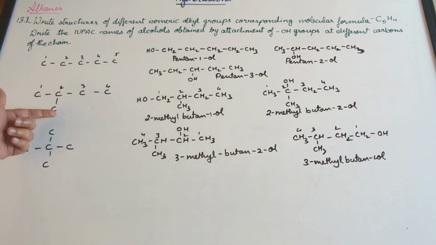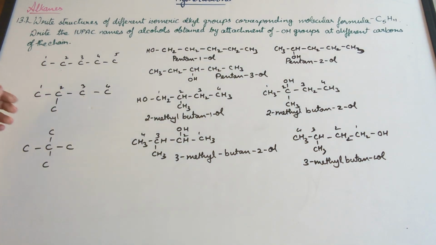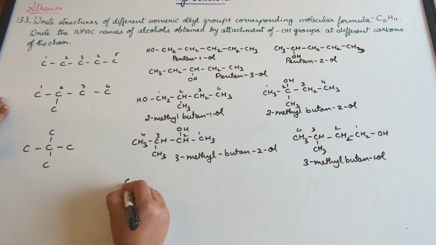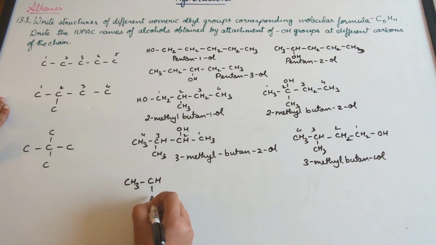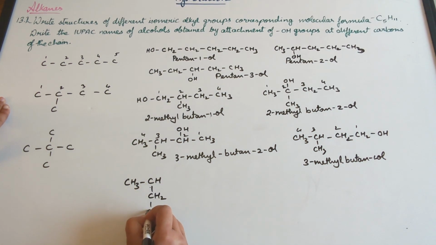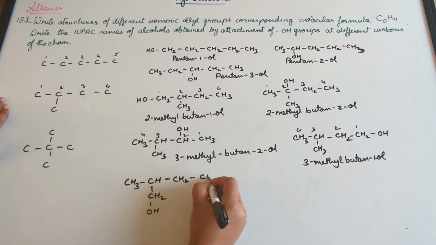And we're not talking about the OH group getting attached over here, because if it did, let me just show that as well. Let's just attach, since this carbon atom is there, we might as well attach the OH group to this carbon atom. So let's see what happens. So the structure is going to be CH3CH, CH2OH, and CH2CH3.